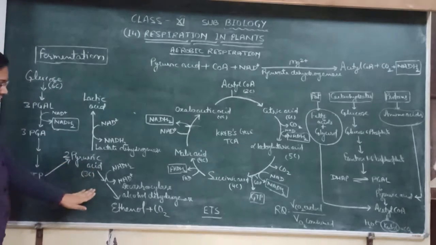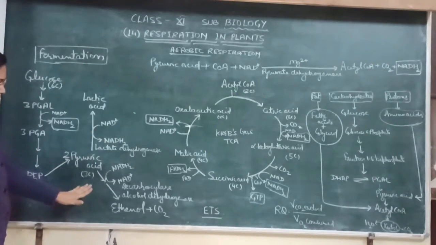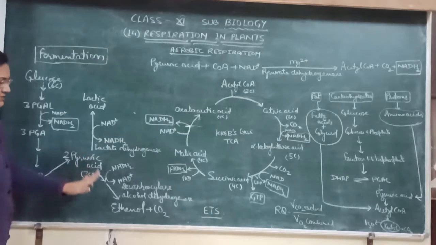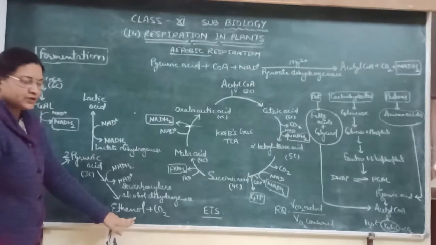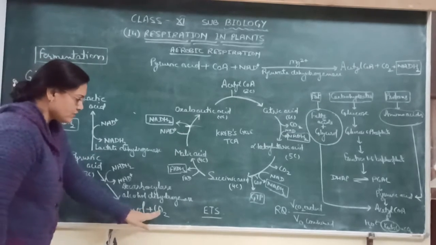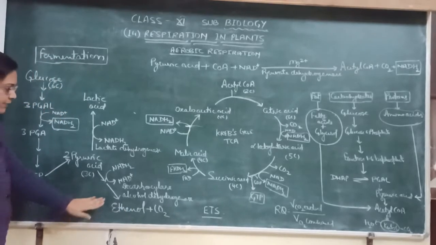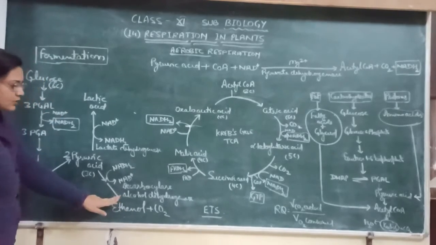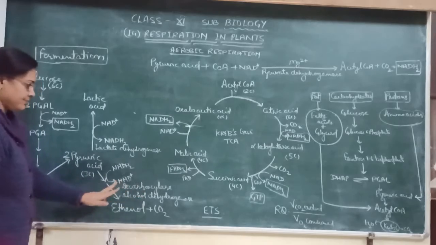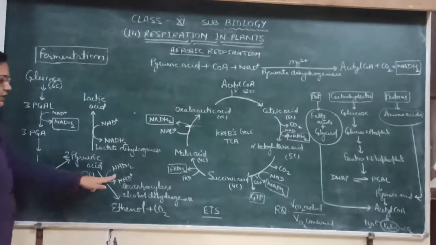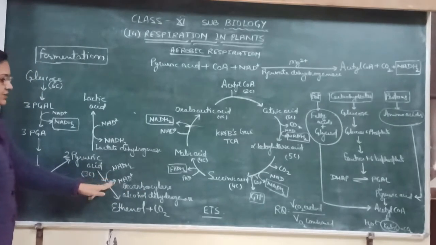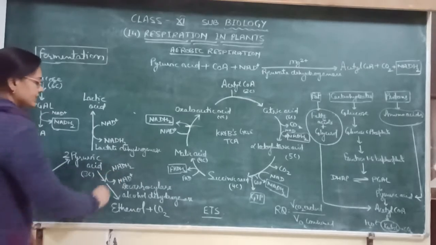And the second one is in plant products. Here pyruvic acid is converted to ethanol, and carbon dioxide is also released, with the help of the decarboxylase and alcohol dehydrogenase enzymes, and during this NAD is reduced and converted into NADH2.